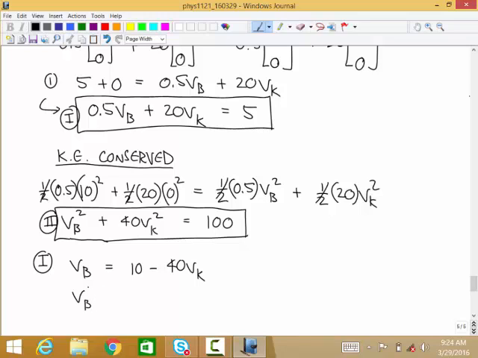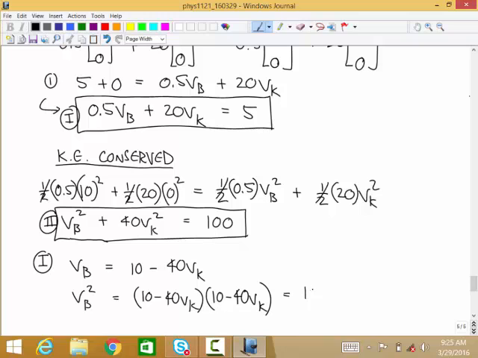So VB squared is equal to, let me just write this out, 10 minus 40 VK times 10 minus 40 VK.